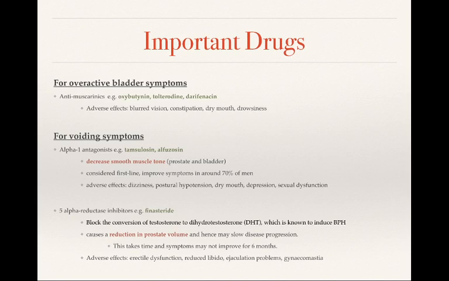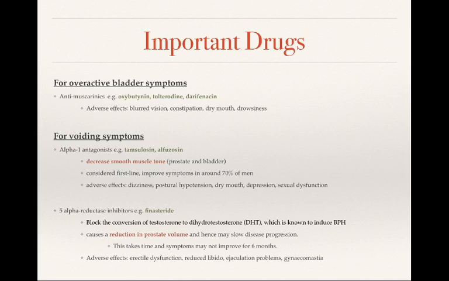So, it is really important to understand the drugs that are given to treat LUTS. For an overactive bladder, so patients with storage symptoms, you give them antimuscarinics, such as oxybutynin. Antimuscarinic is synonymous with anticholinergic, so the adverse effects are blurred vision, constipation, dry mouth, and drowsiness.